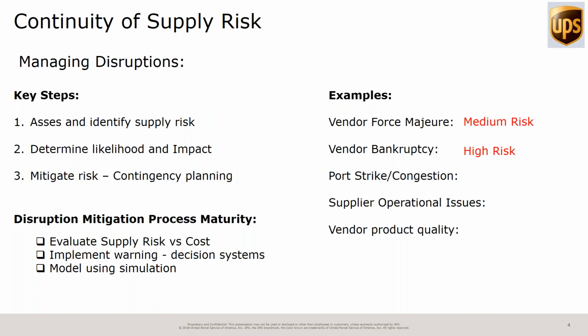It's a high risk. It really shuts down the supply. And then we consider an example of a port strike or a congestion, depending on what optionality you have set up for your supply chain. It could be medium risk, with the likelihood being high, and then the impact would be a little bit towards the medium.